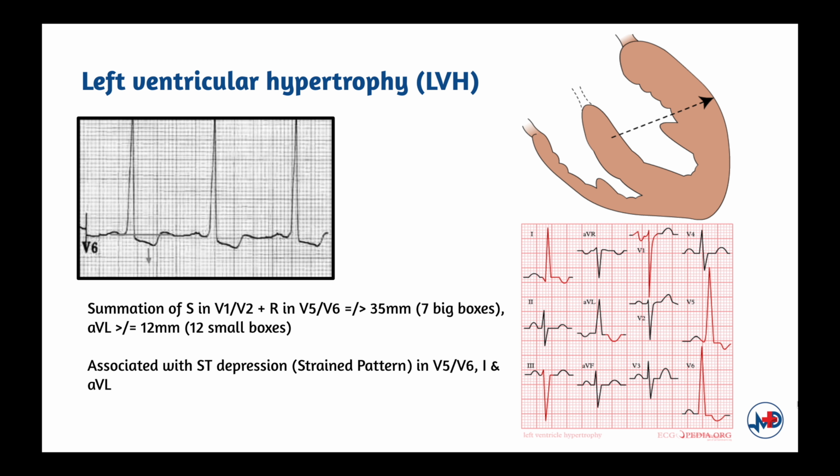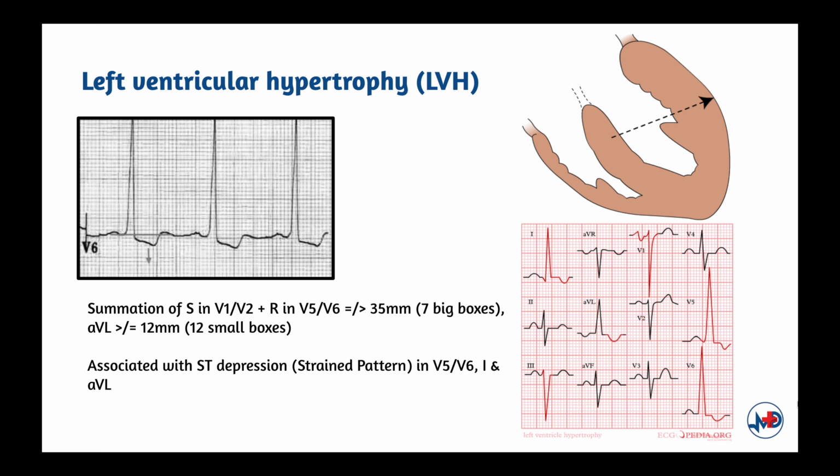The R wave in AVL is more than 11. The R wave in AVF is more than 22 millimeters, and the S wave in AVR is more than 14 millimeters. So these are the numbers that sometimes you might need to consider or remember in order to pick up or suspect left ventricular hypertrophy. However, there are other easier methods that we'll be looking at shortly.